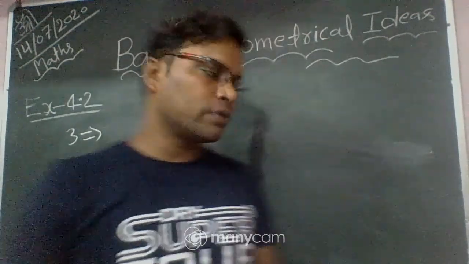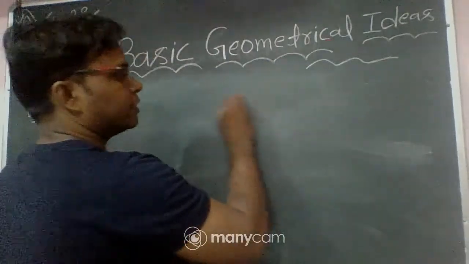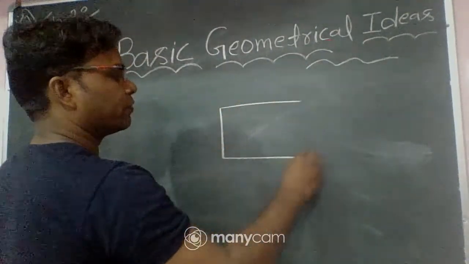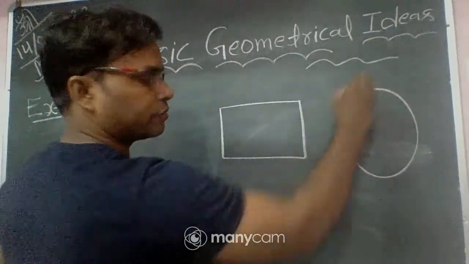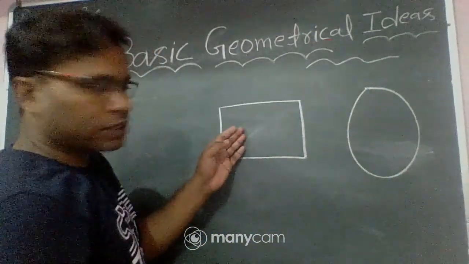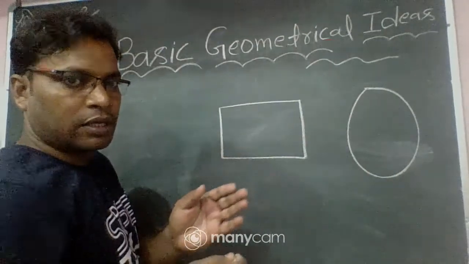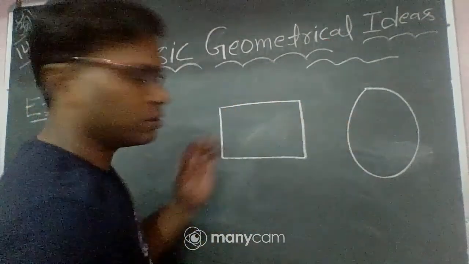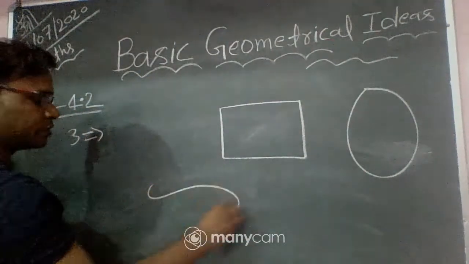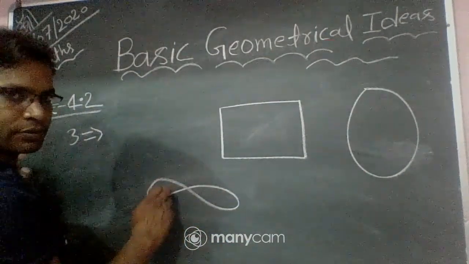Look, this is a simple closed curve because this curve does not cross itself. This is called a simple closed curve. But here you can see this is a closed curve, but not simple.